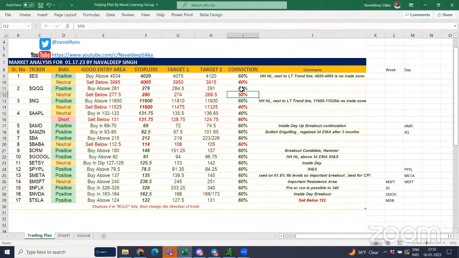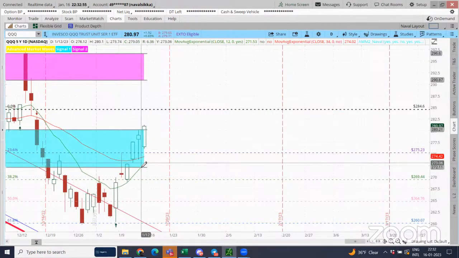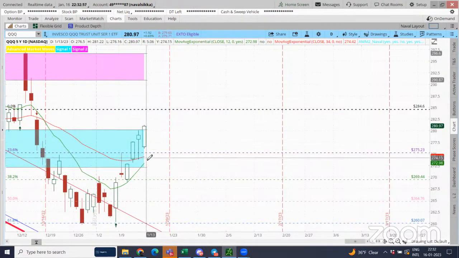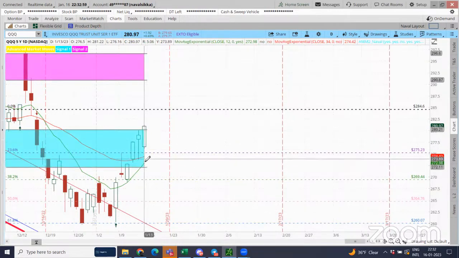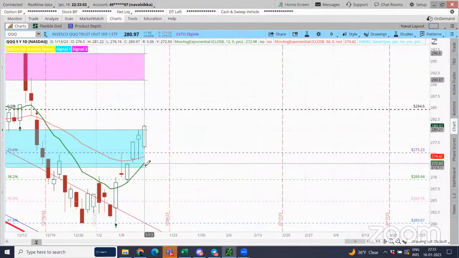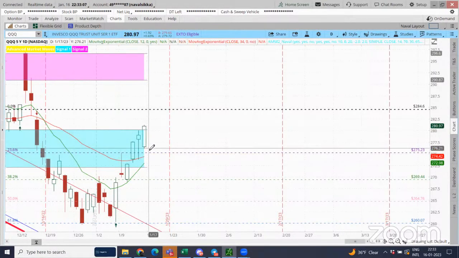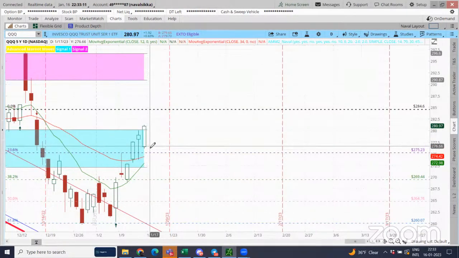Same thing, increasing it to 60%, have higher highs, higher lows, back to back for 3 days. Triple Q is still lagging on the 12 and 34 EMA. So most likely this week it will catch up and the positive divergence will take the 12 EMA above the 34 EMA and will have some positive momentum.